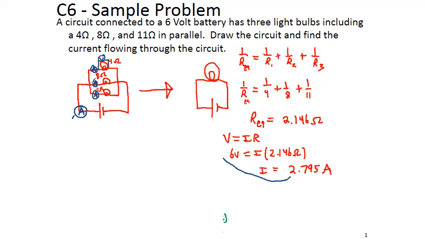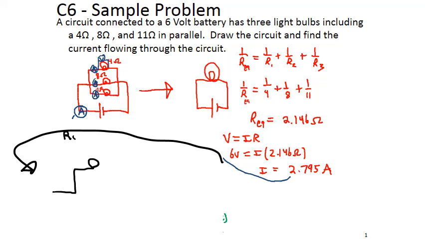Now, one of the other things that is really interesting here is that in parallel, if we break this up into our final step, we're going to reconstruct. If we break this up into parallel, each gets full voltage.